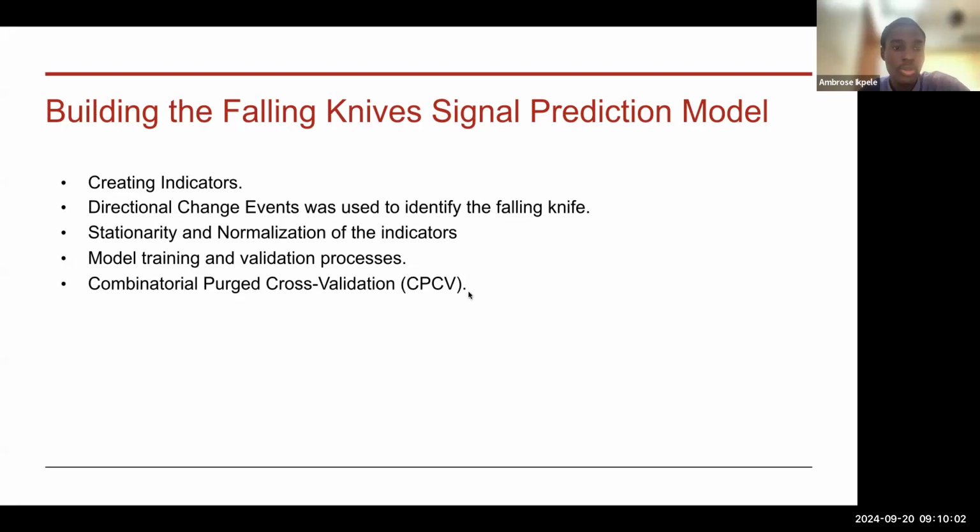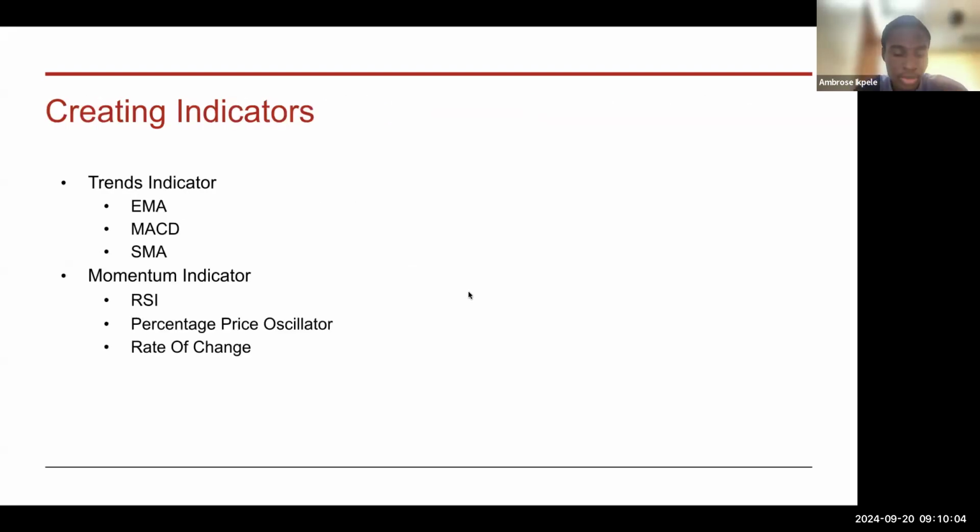So the indicators we made use of, because the data we are working with has no volume in it, we had to stick to these indicators: the trend indicator and the momentum indicator. Although we also included the Bollinger Band, these two sets of indicators, trend and momentum, were the primary indicators that we used in this project.